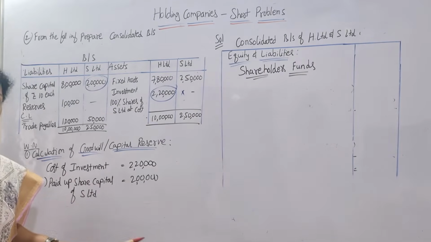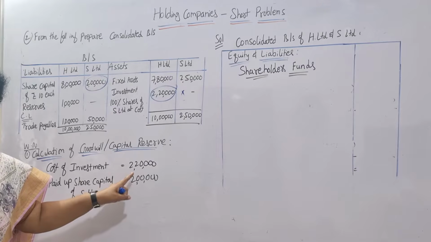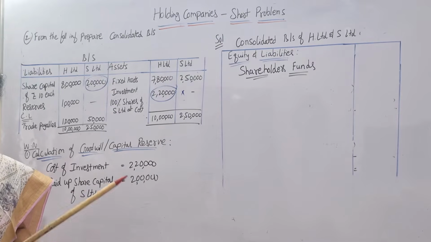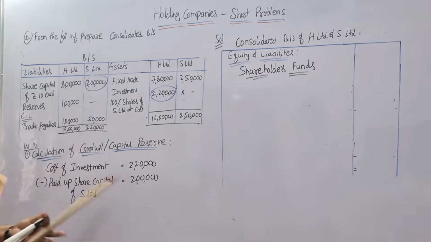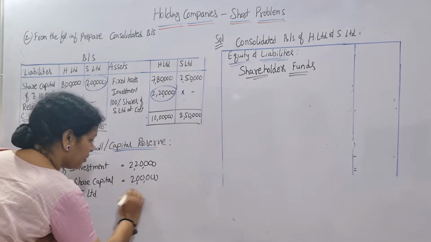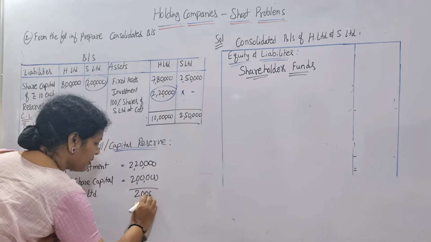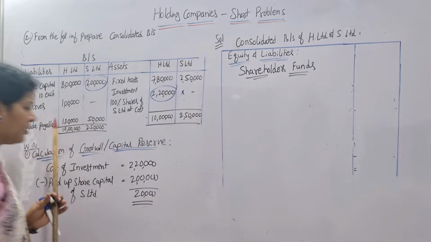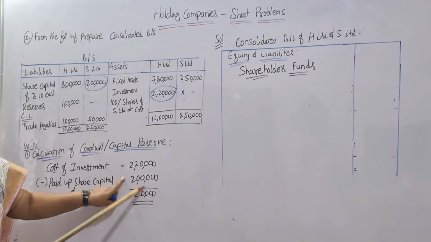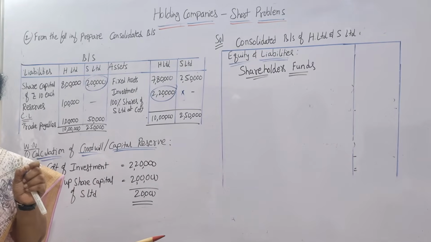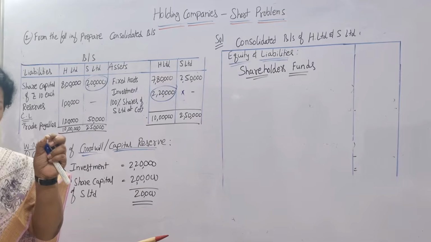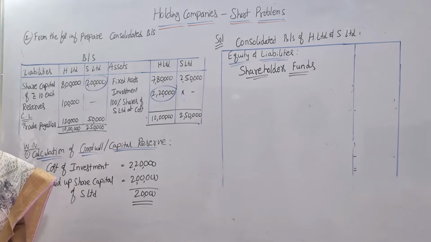We are paying 2,20,000. Our investment is 2,20,000. Why are we paying extra? How much is the extra? The extra is 20,000 difference. Capital is 2 lakh, but we are paying 2,20,000. Extra 20,000 we are paying. Why are we paying that 20,000? Because of the goodwill of that company.